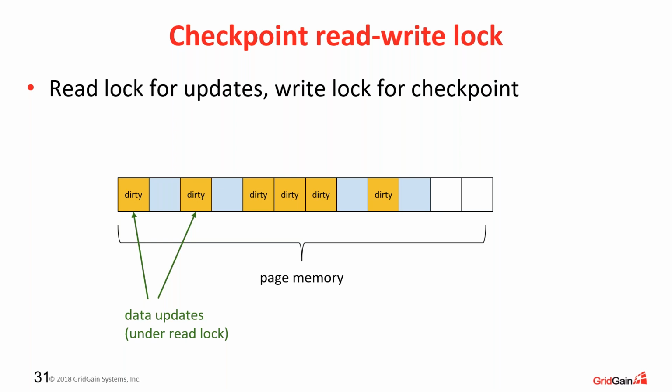So when user starts transaction, it finally reaches a node with the data, and it acquires checkpoint read lock in order to perform an update and make pages dirty. And when we start a checkpoint, we acquire a write lock. When you have successfully acquired write lock, that means that no one is holding read lock.